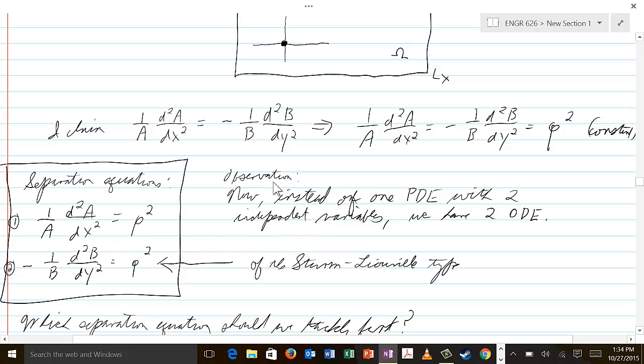And so now what is so remarkable about this and so important is that what we have accomplished is that instead of having Laplace's equation, which is one partial differential equation in two independent variables, we now have two ordinary differential equations. And of course, we have a lot of experience in solving ordinary differential equations, and so we prefer that.